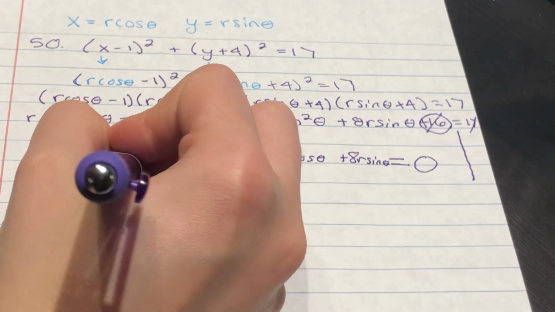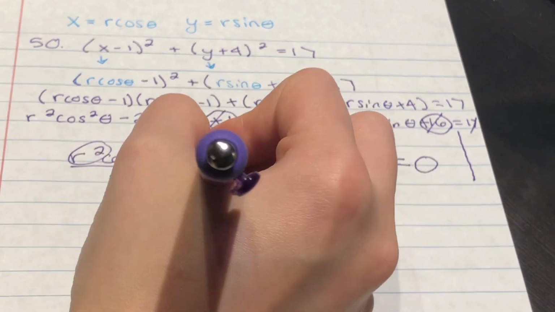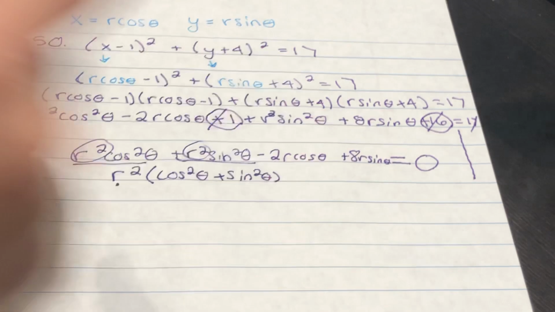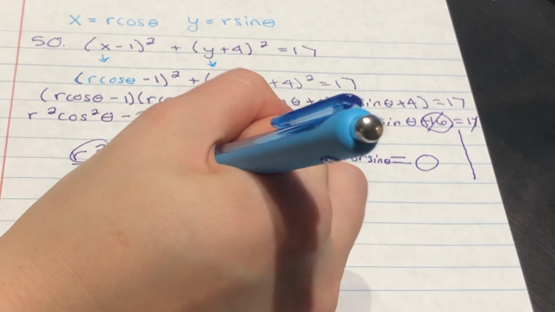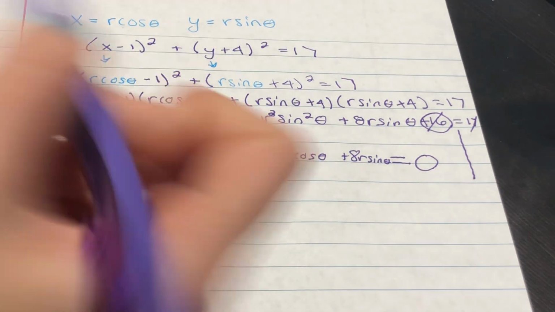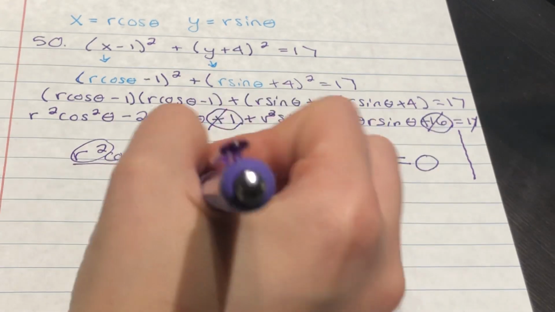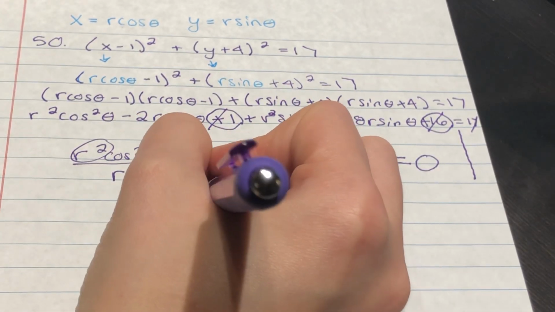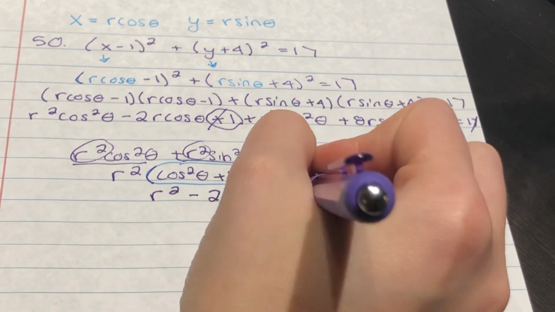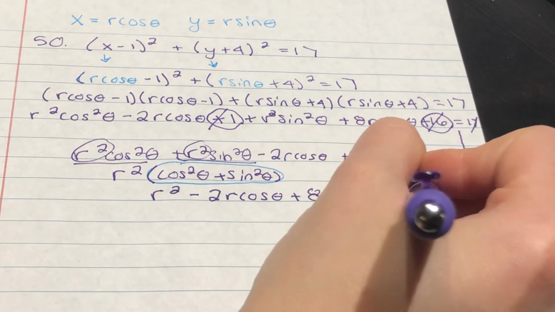So I'm going to factor out r squared, and I'll get cosine squared theta plus sine squared theta. I know this equals 1, so ultimately I'm going to get rid of this because r squared times 1 is r squared. So I'm going to have r squared. I'm going to write the rest now, minus 2r cosine theta plus 8r sine theta equals 0.